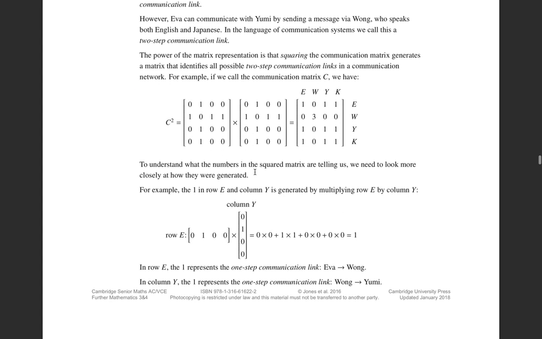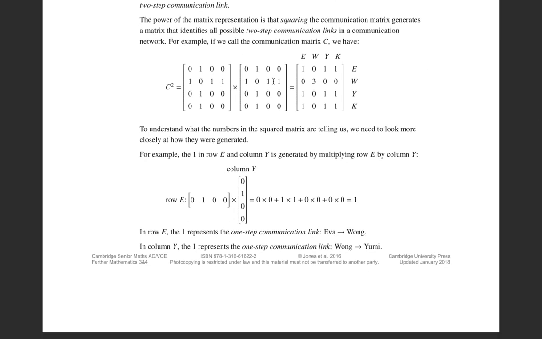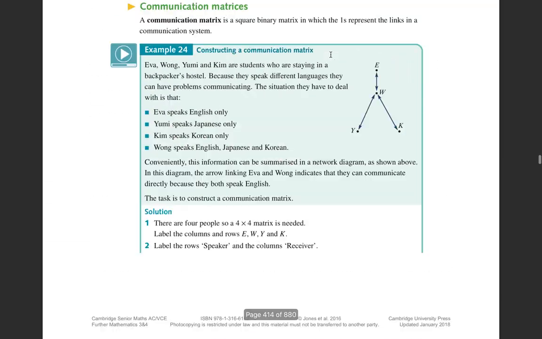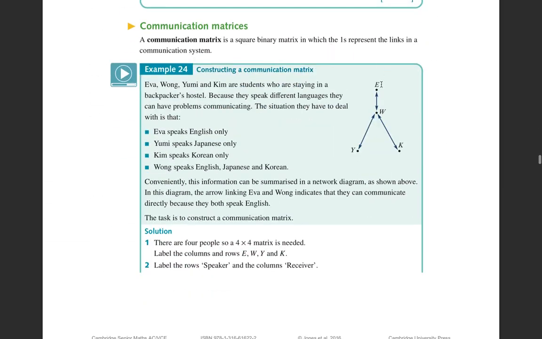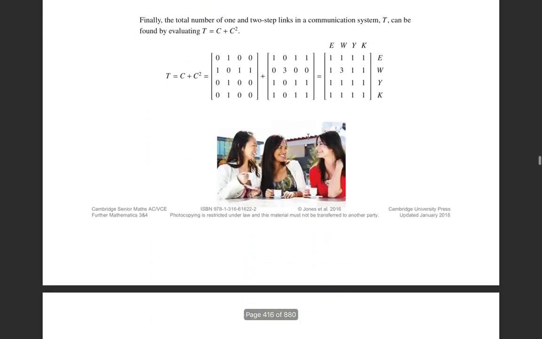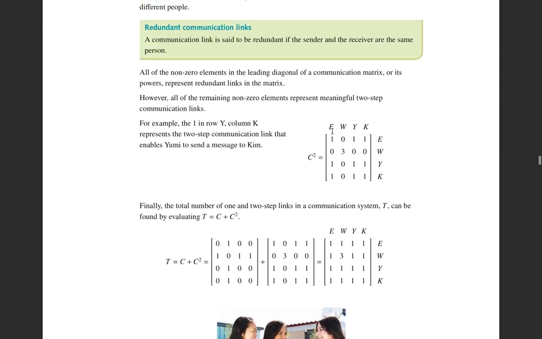Now, just like dominance, we can find two-step communication, so we can square it. This indicates the ways that people can communicate with each other via someone else. If we look back at the network, E can't communicate directly with K, but they can via W. That's a two-step communication. So E via K, E can communicate via K once. That makes sense.